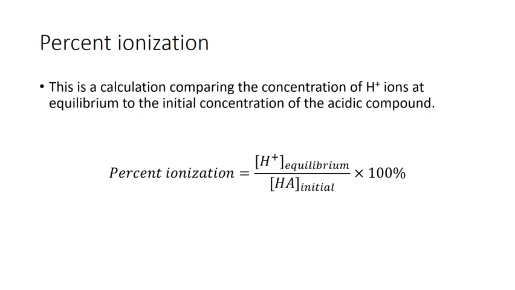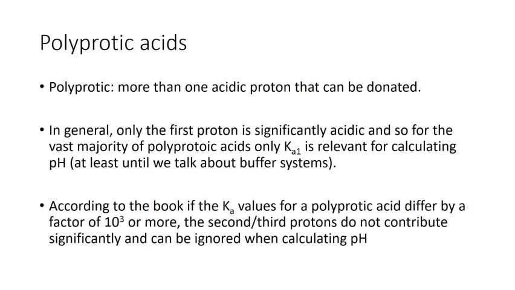So here it is in equation form, if you really like that sort of thing, where percent ionization is equal to, right, our concentration of hydrogen ions at equilibrium divided by our initial concentration of our acid times 100%. I'm not going to go through an example calculation in this video because I am going to assume that you can work out this calculation on your own.